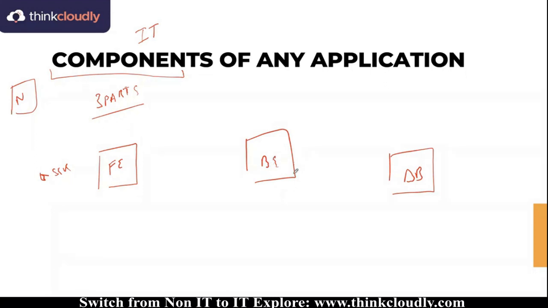Now, all the information is always stored in the database. Let's say my username, my name is Naman Jain, so my name is stored in the database. Whichever movie you watch on Netflix is stored in the database. Every piece of data you see on the Netflix application gets stored in the database. So the database is really very important for any application.